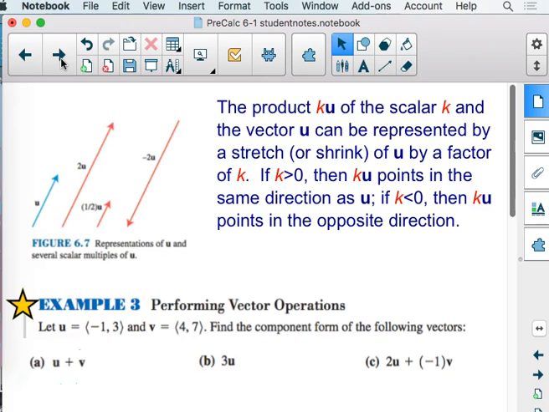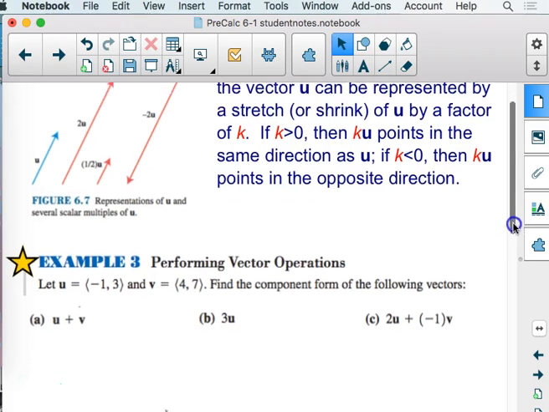Notice that this would be in the same direction if we multiplied by 2. But it is possible to get your vectors to go in opposite directions. If I want to go from positive to negative, I can use a negative k value, and that will reverse that direction.